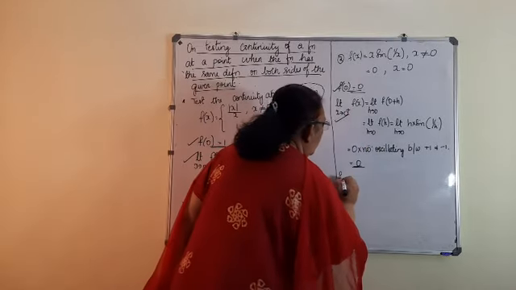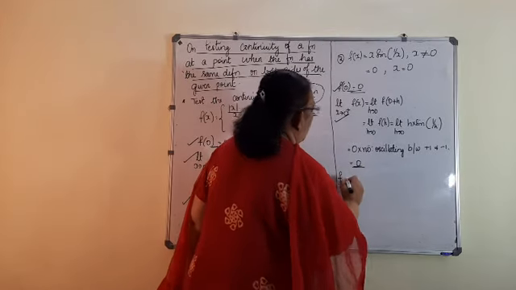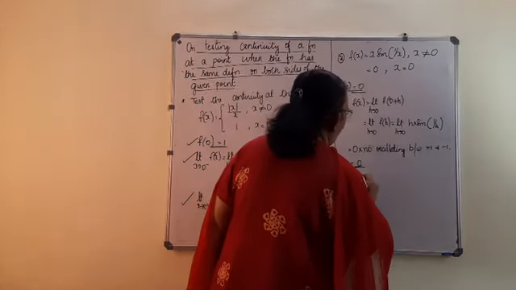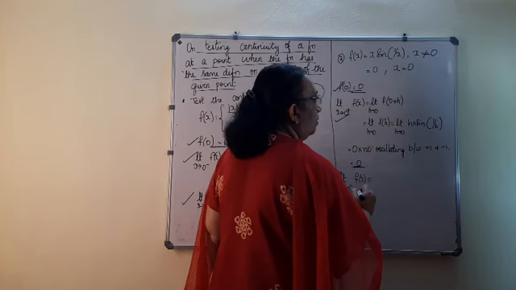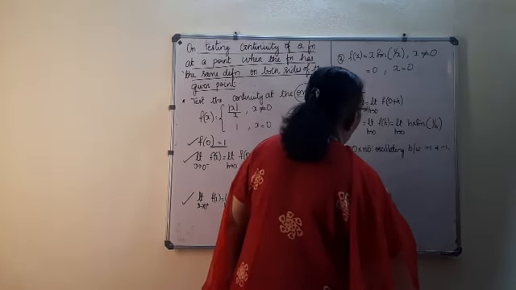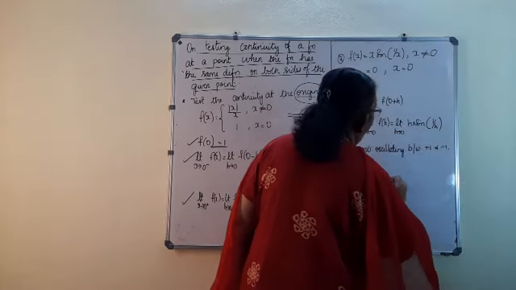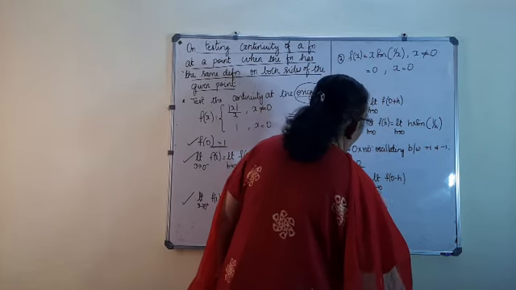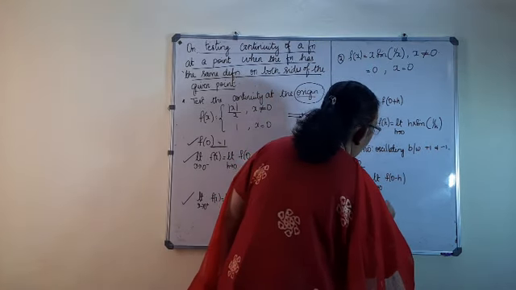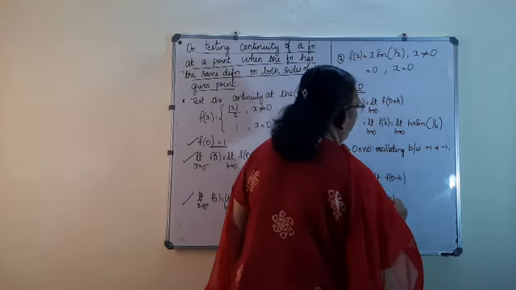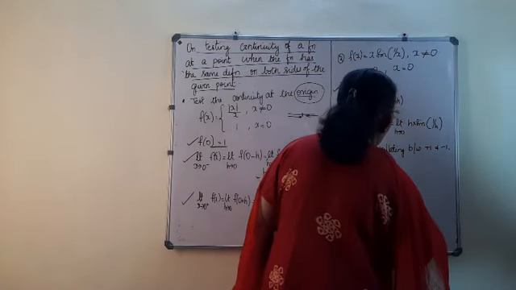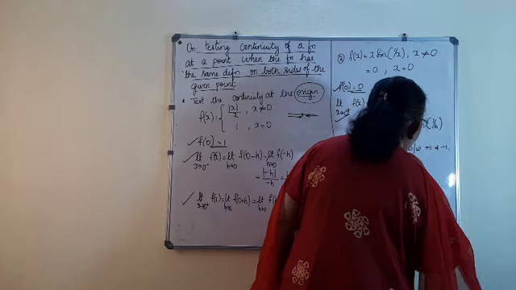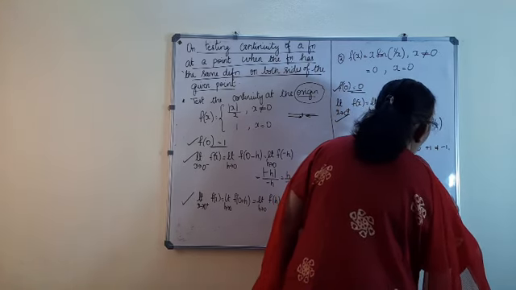Now we go to the limit x tending to 0 minus f of x, which is equal to limit h tending to 0 of f of 0 minus h, which is equal to limit h tending to 0 of f of minus h, and that is equal to limit h tending to 0 of minus h into sine of 1 by minus h.